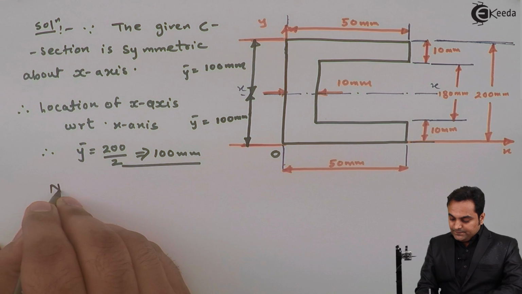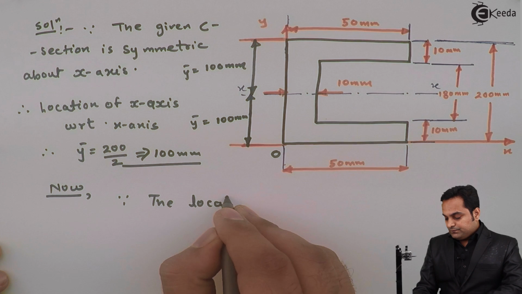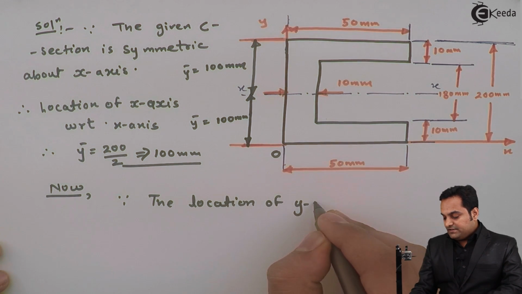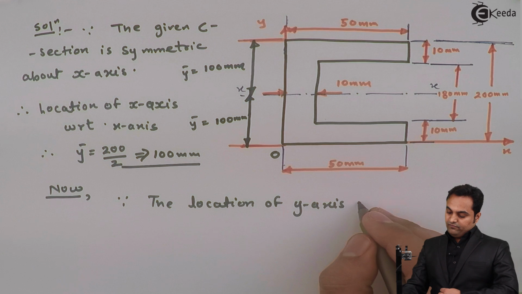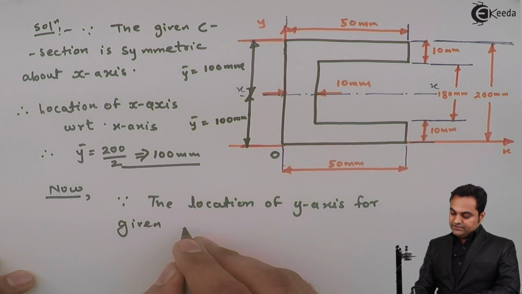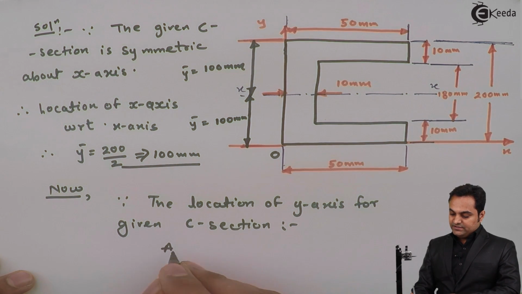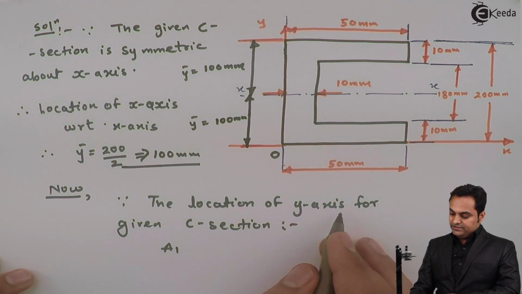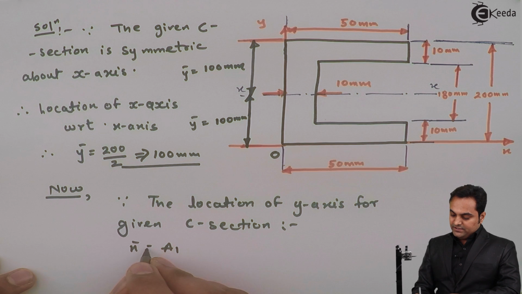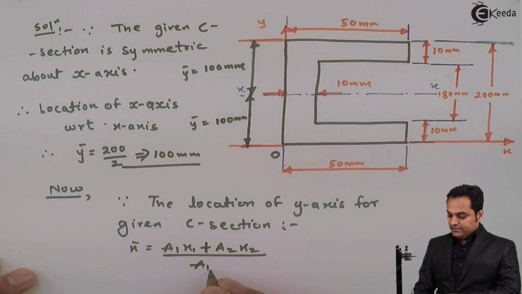So now I'll say that since the location of the y-axis for the given C section, that distance x bar is equal to a1 x1 plus a2 x2 plus a3 x3, upon a1 plus a2 plus a3.